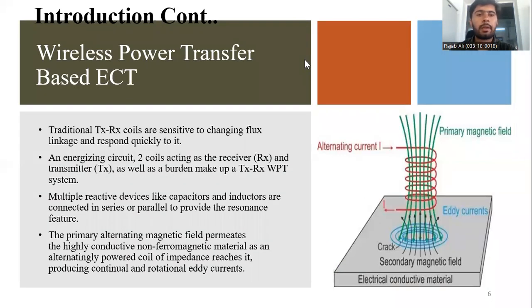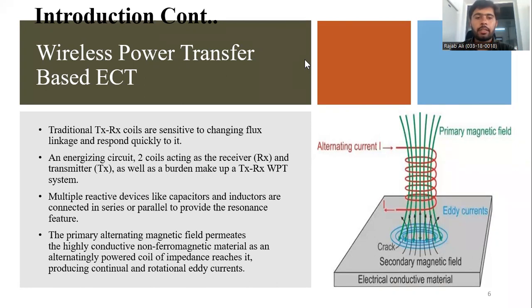We use a wireless power transfer system, which is a traditional transmitter and receiver coil system, which is sensitive to changing flux linkage and responds quickly to it. An energizing circuit, two coils acting as a receiver and a transmitter, as well as a burden make up the wireless power transmission system.